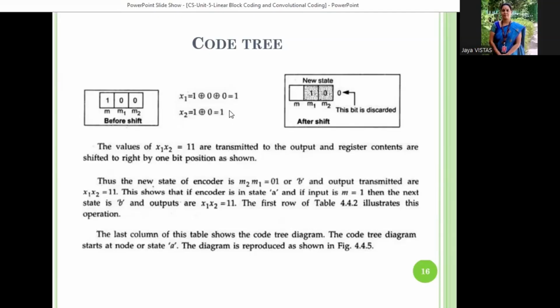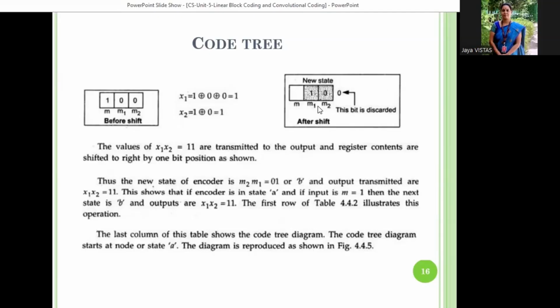Then what is the next state? The first input is 1, 0, 0. It takes one shift. On the first shift, this 1 moves to M1, 0 moves to M2, and the last 0 is discarded.